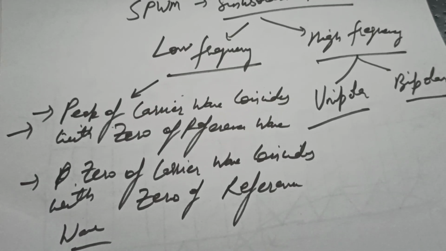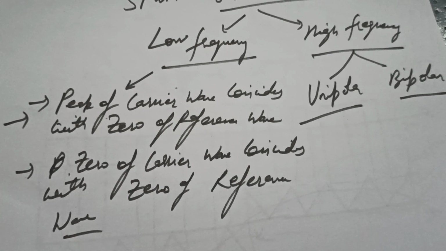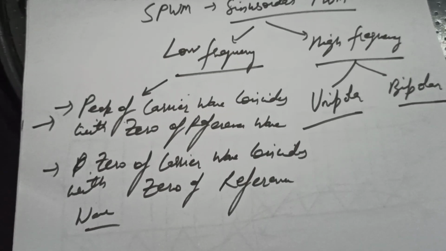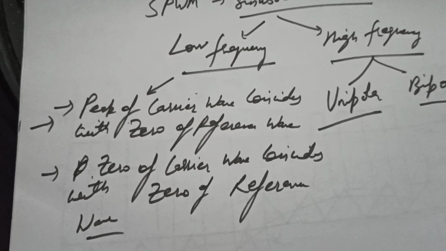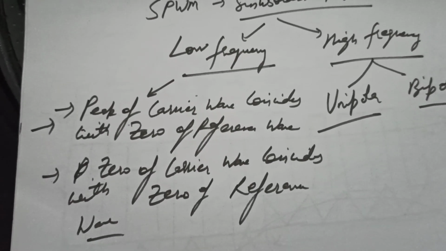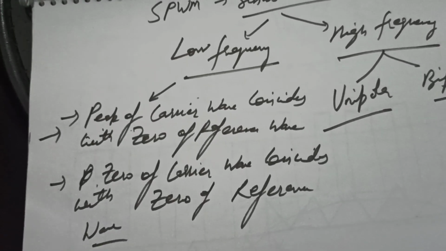Are you getting it? These are the two major differences between the above two mentioned topologies. Now, sinusoidal PWM is of two varieties. First one is low frequency, another one is high frequency.